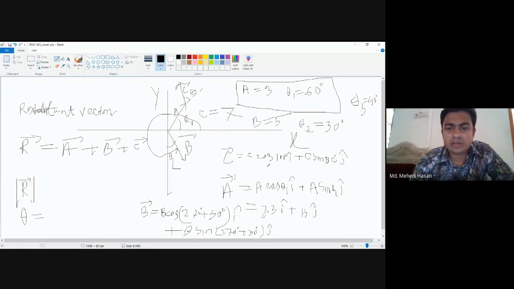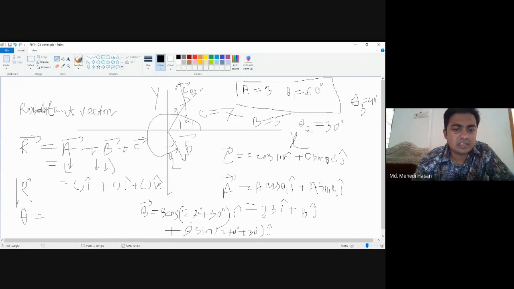Now these three vectors are basically in polar form, and we convert them to Cartesian form, the xy form. Then if we put the values of these three vectors here, just add the x, add the y, and add the z, and there will be an answer like that: a particular value i plus a particular value j plus a particular value k.